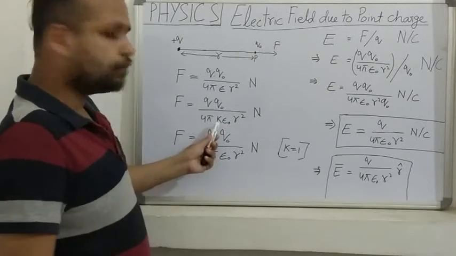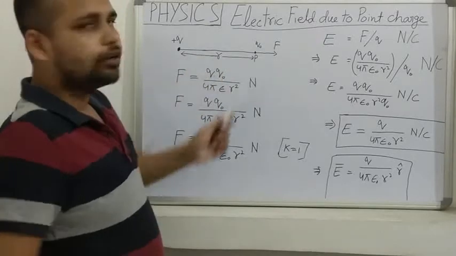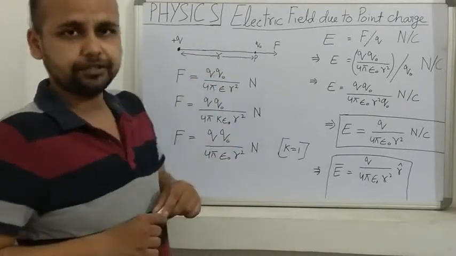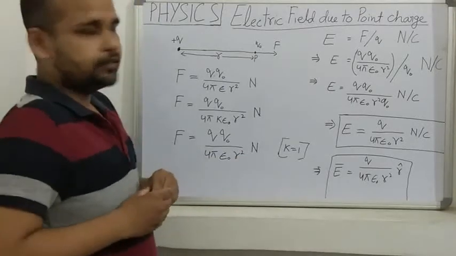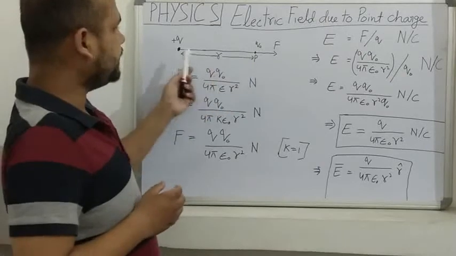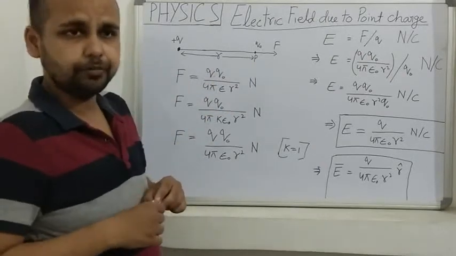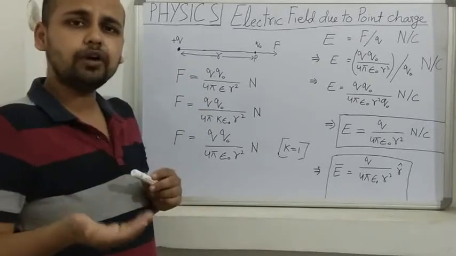And K is what? K is the dielectric constant of that particular medium in which this system has been placed. Now if we are considering that the system is placed in air or vacuum, then for air or vacuum we know that the dielectric constant is equal to 1.